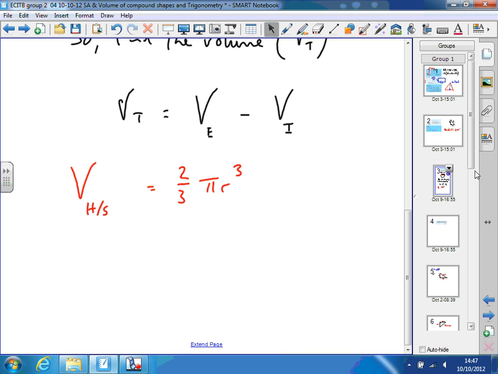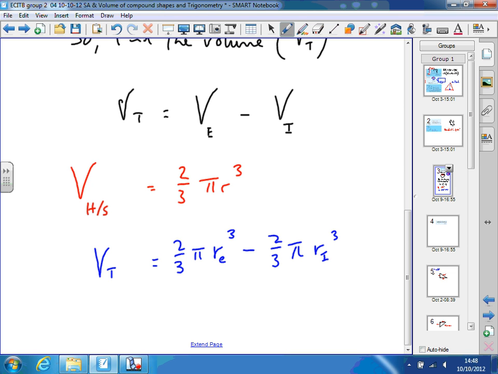Well, maybe this is the way you set it actually, but at this point I've got the formula for the volume of a hemisphere, and I know I'm going to take the internal volume away from the external volume, so actually the total volume, VT, is going to be 2/3 pi times the external radius cubed minus 2/3 pi times the internal radius cubed. If I left it as a formula, that's what I'm doing, isn't it?